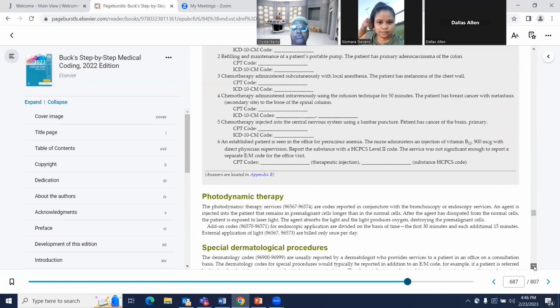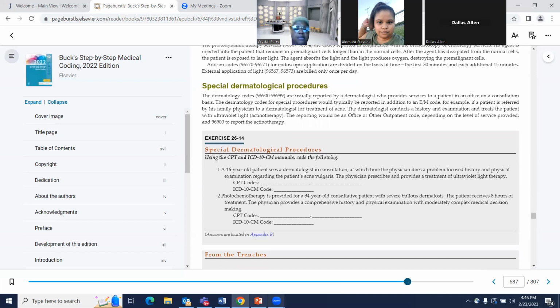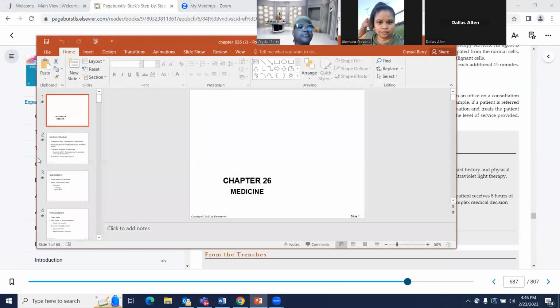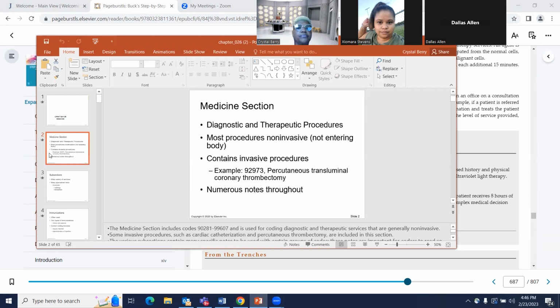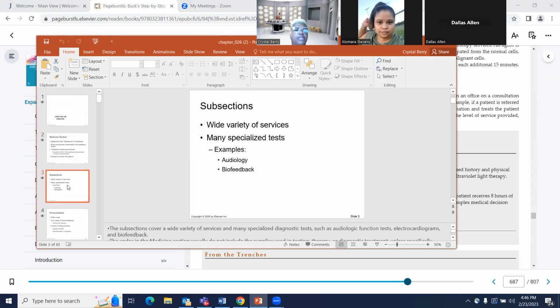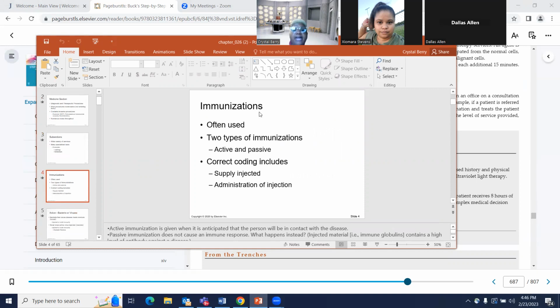Let me go to the PowerPoint slides. So remember that in the medicine section, you're billed for diagnostic and therapeutic procedures. So we went through the non-invasive, not entering, invasive, entering, subsections, and immunizations. Remember, 2 types of immunizations, active and passive.